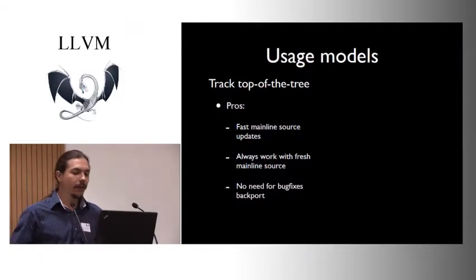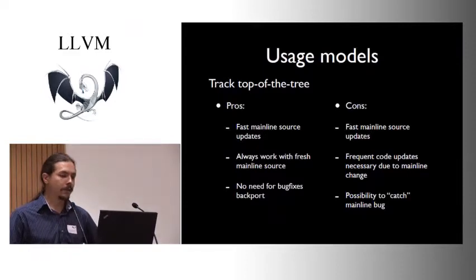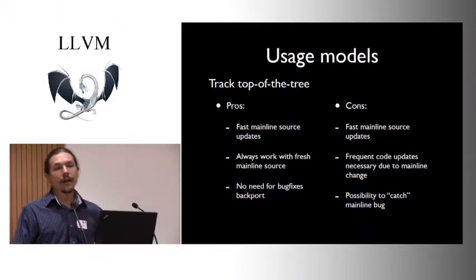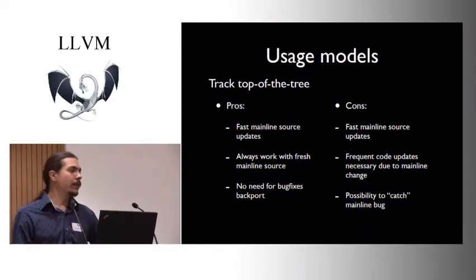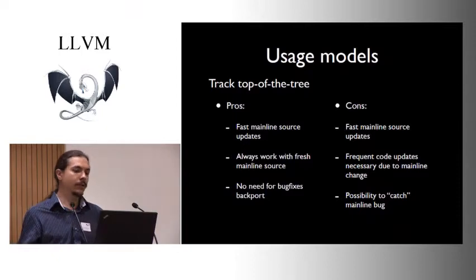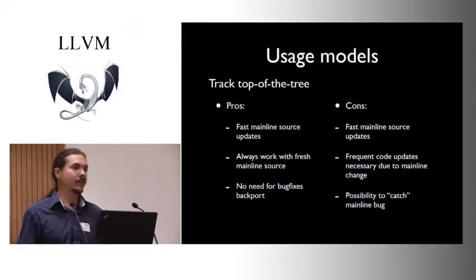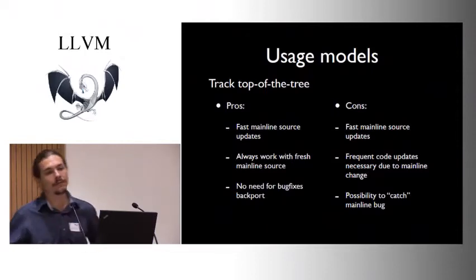However, all these advantages are disadvantages as well, because you need to frequently update your whole code base to track the main line. And also there is a possibility for you to catch a bug which exists only in the main line. It might require some time for you to figure out that this is not your bug, but just an LLVM bug, and to report it and wait until it's fixed, or fix it yourself.